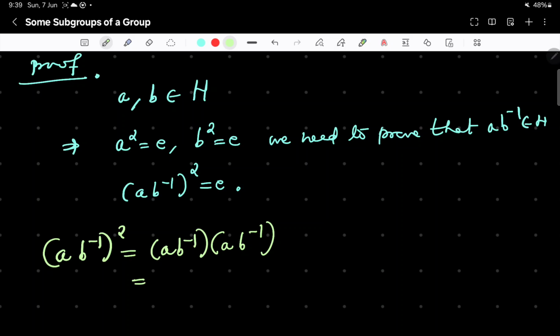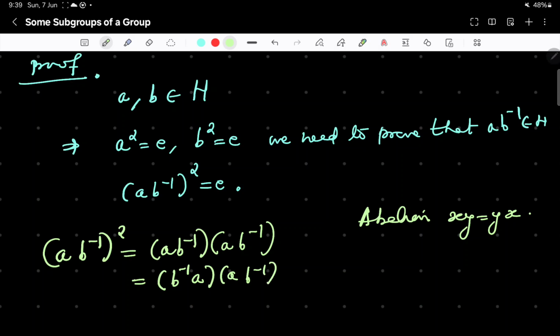Okay, fine. Now what will you do? Because this is an abelian group, we should note that xy equals yx. So here I can write AB inverse equal to B inverse A. Like that you can write.